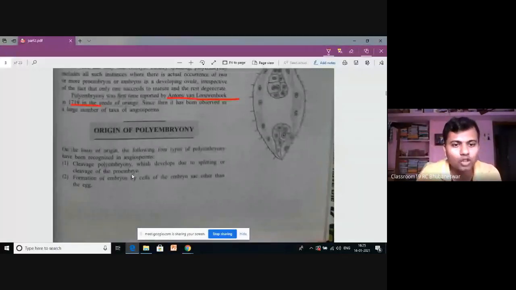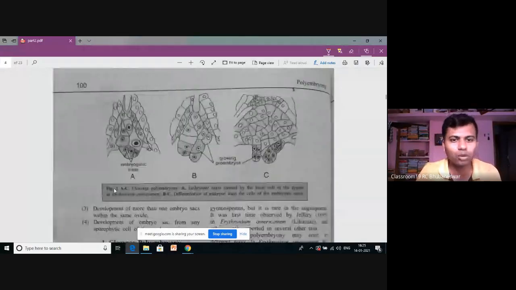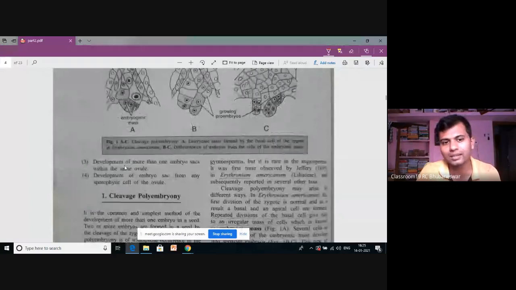Second is the formation of embryos by cells of the embryo sac other than the egg. Third is the development of more than one embryo sac within the same ovule. And fourth is the development of an embryo sac from any sporophytic cell of the ovule. All these are the four causes of polyembryony.